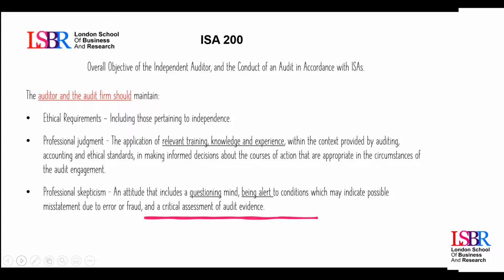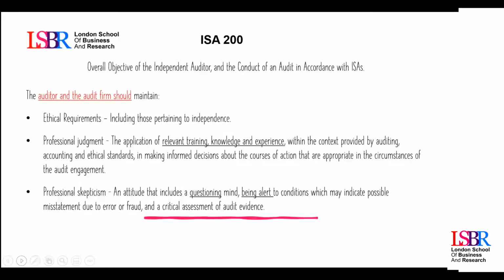It means that we need to have experience and relevant training to apply this knowledge and this experience in the audit. And additionally, an auditor and an audit firm need to keep professional skepticism.